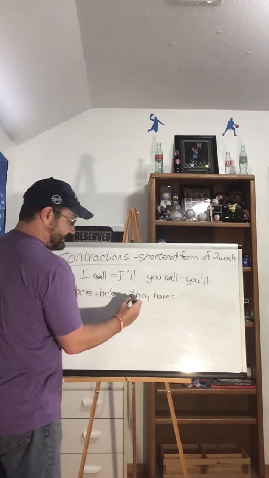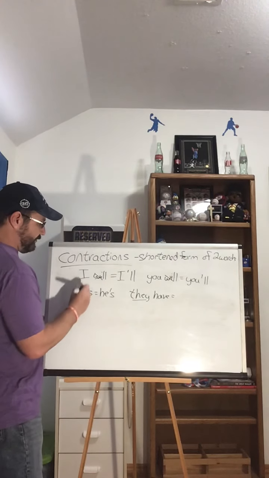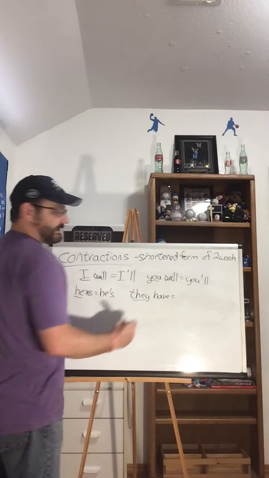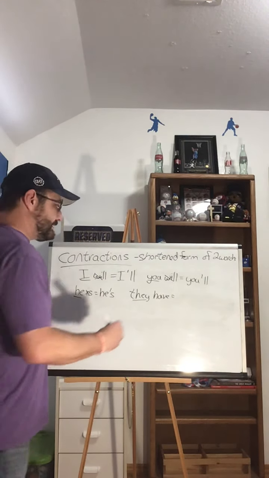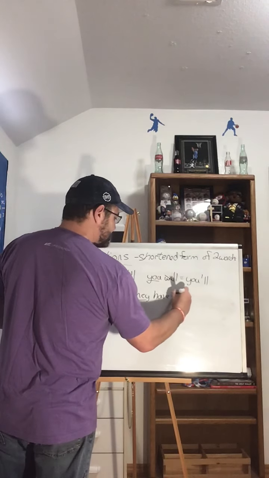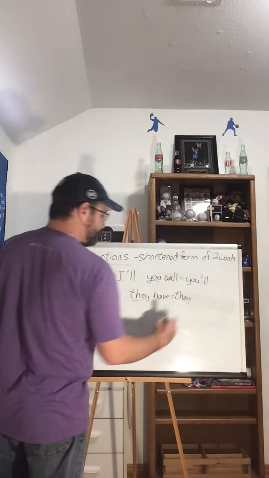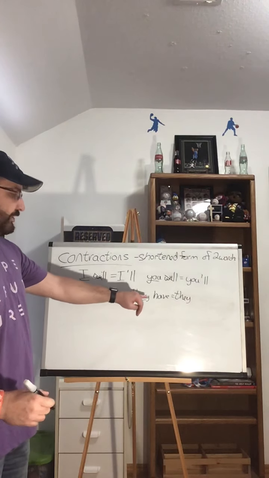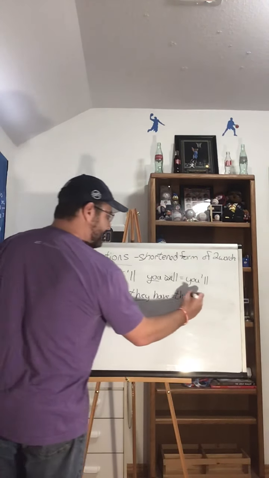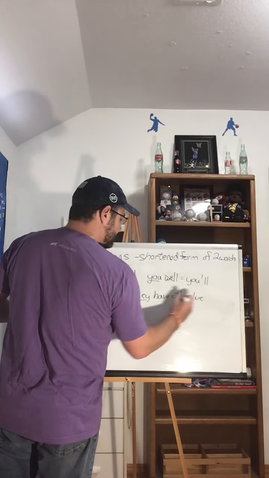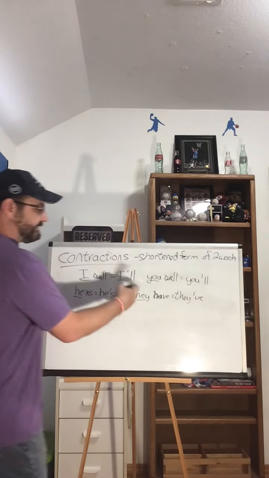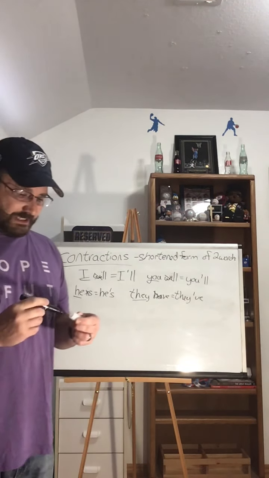We always write the first word of the contraction, and then after that, you've got to decide how you're going to break the second word down. So for they have, it'll be they've, T-H-E-Y apostrophe V-E. And again, the apostrophe is taking the place of the H and the A.